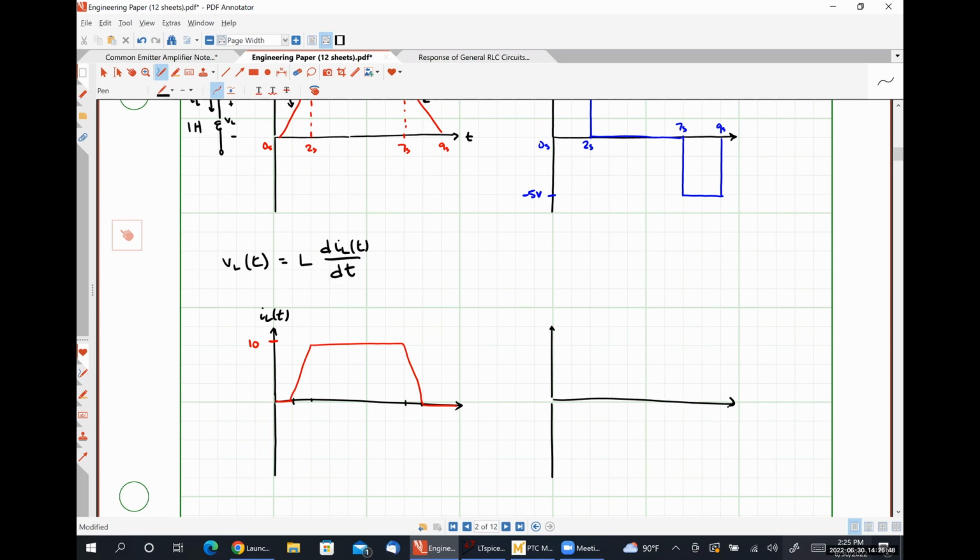is that if our current changes twice as fast, we should get twice the voltage. So in this case, this would be 10 volts.